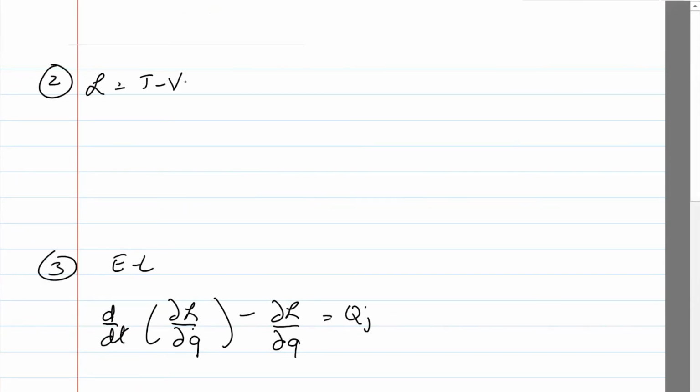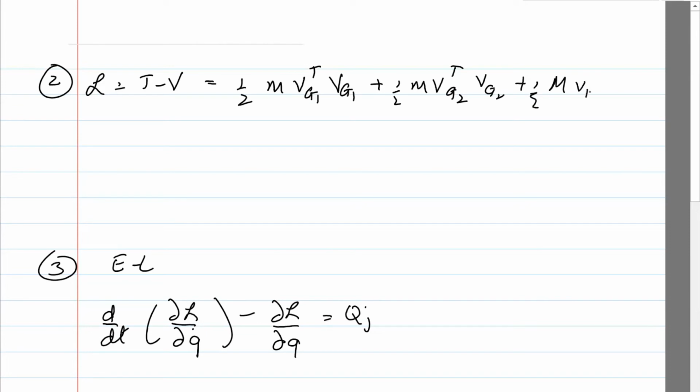The Lagrangian is T minus V. So the kinetic energy is half m V_G1 transpose V_G1 plus half m V_G2 transpose V_G2 plus half capital M V_H transpose V_H.